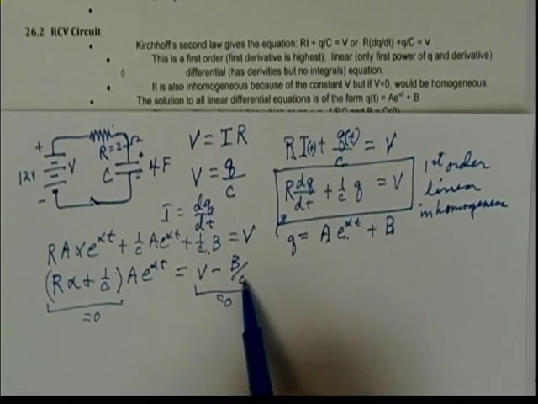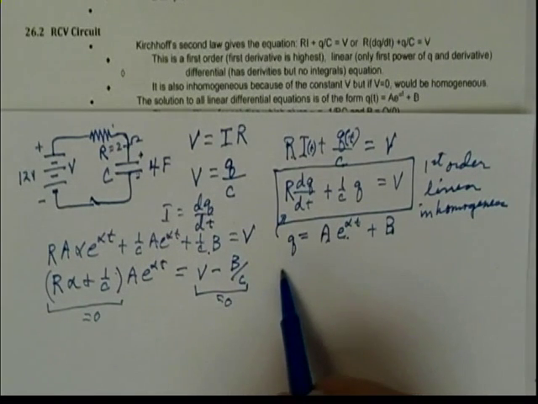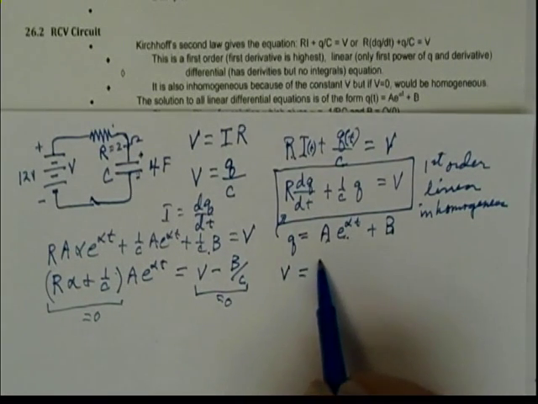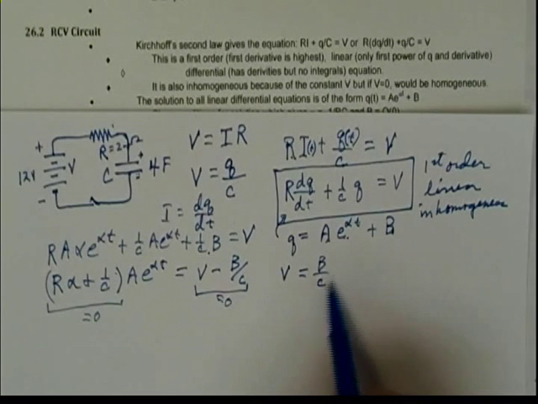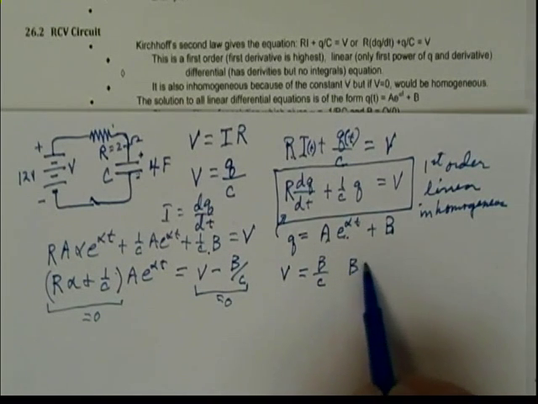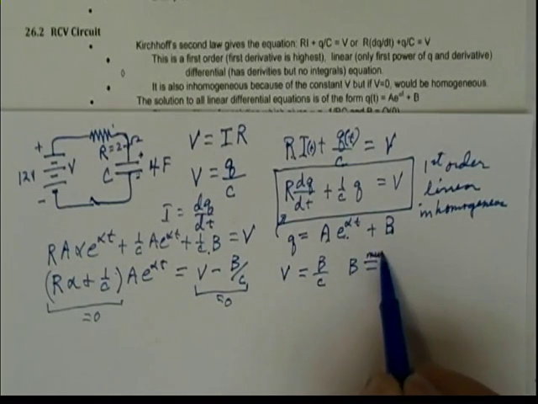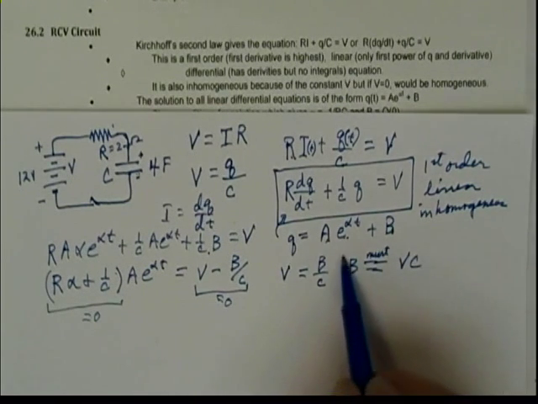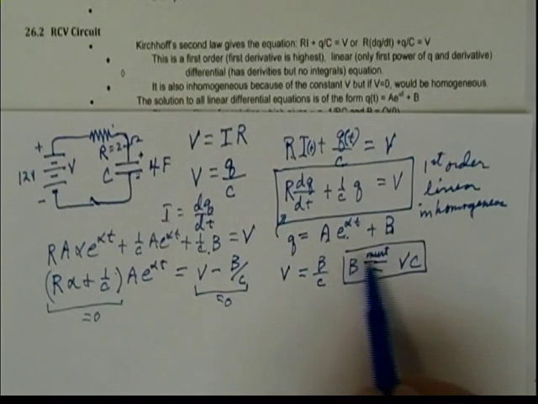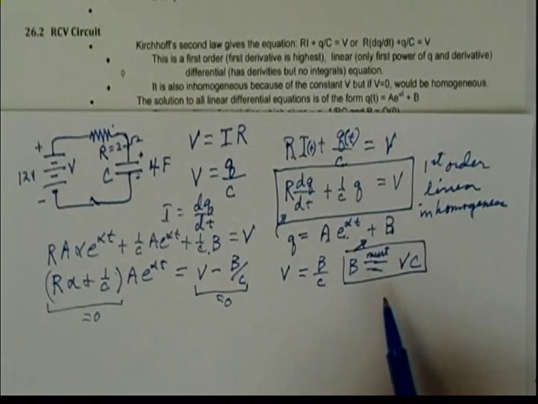So first of all, let's look over here, and this puts a constraint on B, because we have V minus B over C equal to 0. I can solve for B, and we can see that B must be equal to V times C. That's our first result. So we've determined what that B has to be.